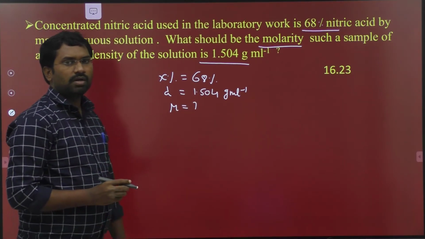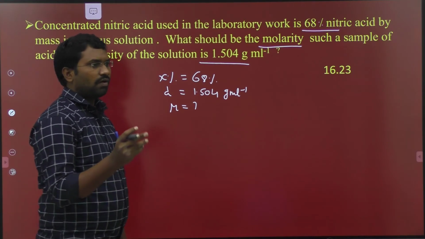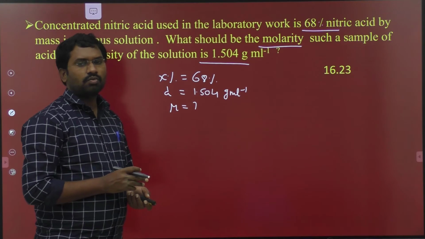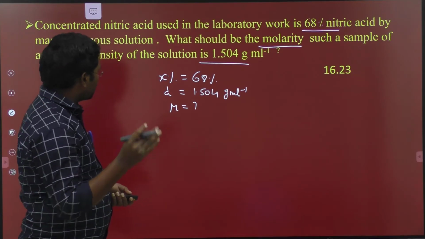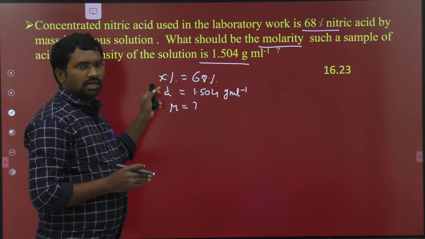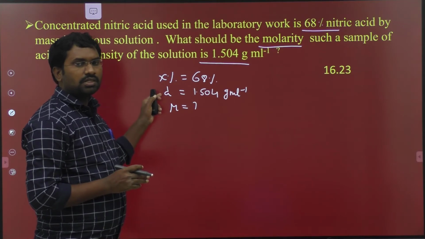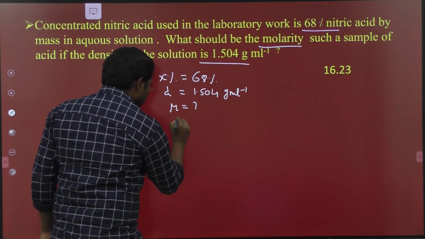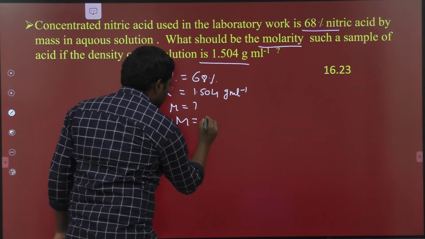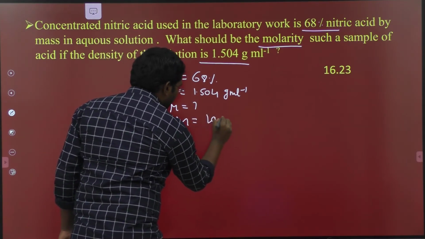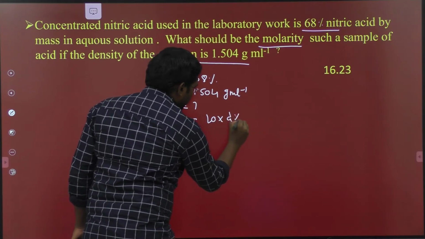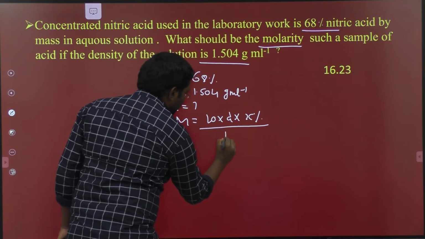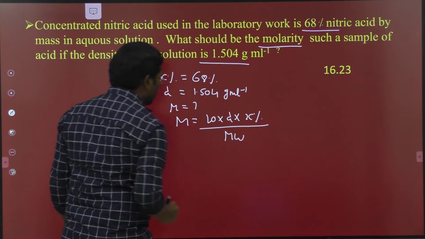So there are two formulas for molarity. One formula is the number of moles of solute present in 1 liter volume of solution. And the second one is, if the percentage of the compound is given and the density of the solution is given, then we have to apply this formula, that is equal to 10 dx by molecular weight. x percentage means mass percentage, 10 dx by molecular weight of that compound.